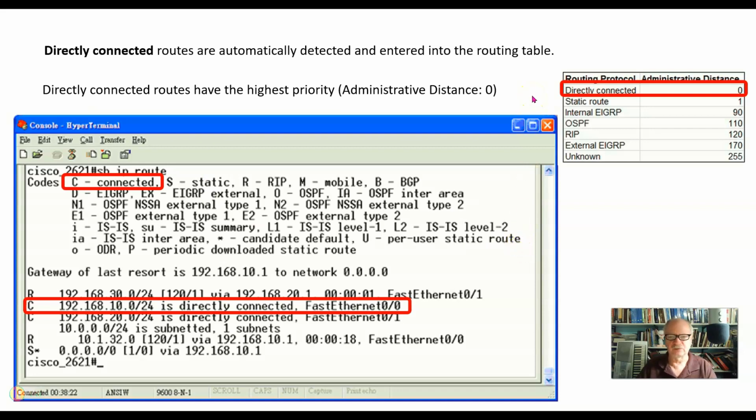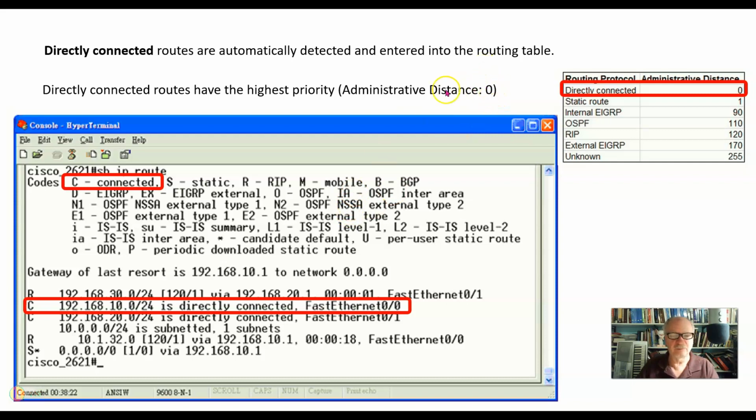The first one, directly connected. You can see in this picture these C's, and up here it tells us that C means it's connected. Connected has something called an administrative distance of 0, which means it is the most trustworthy. The lower the administrative distance, the more trustworthy that route is to that router.